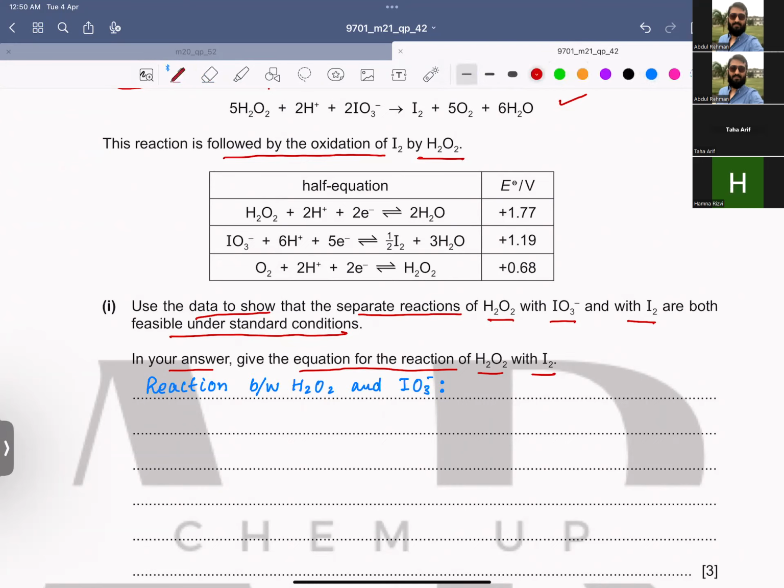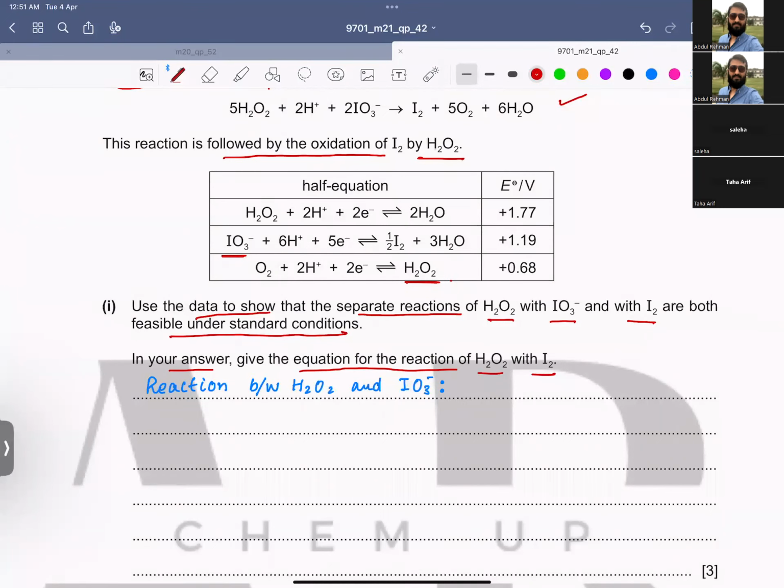If we look at equation 2, here I have iodine and here I have H2O2. Sorry, 1 and 2? No, not 1 and 2. Okay, tell me why you say 1 and 2. Because it has hydrogen peroxide in the first equation as well as in the third equation, right?